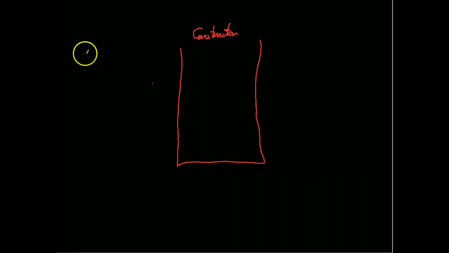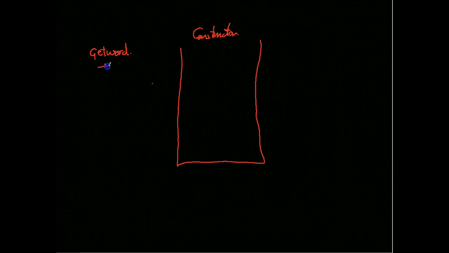Underneath the constructor, we're going to write a method that's going to get the word that's going to be the hangman word. This is the get word function or method, and that just has to get the word. It could get it from a library, or it could get it from an input from the user. Then the next thing is to take that word and convert it into a display word.